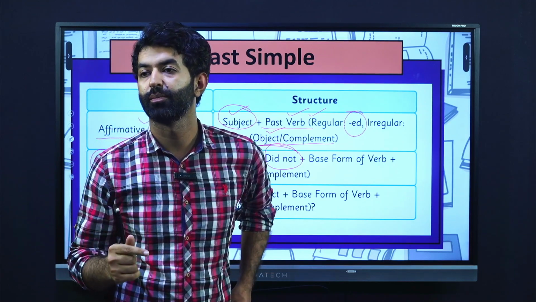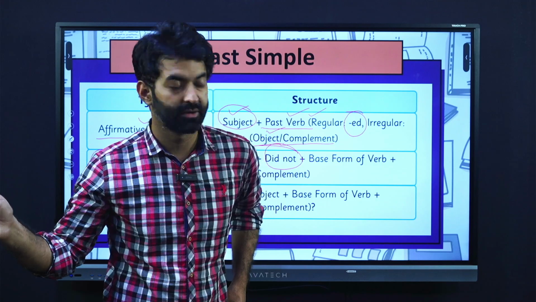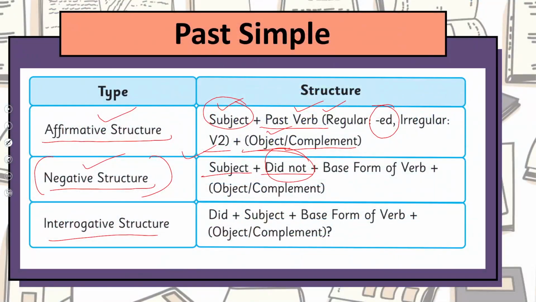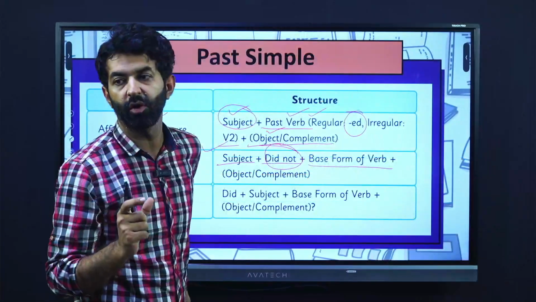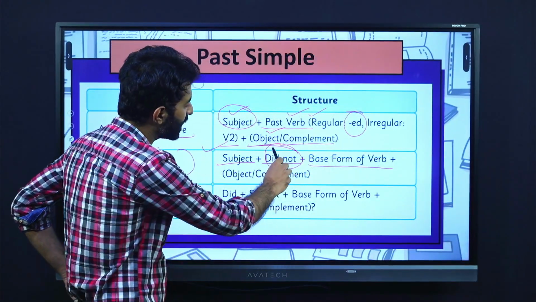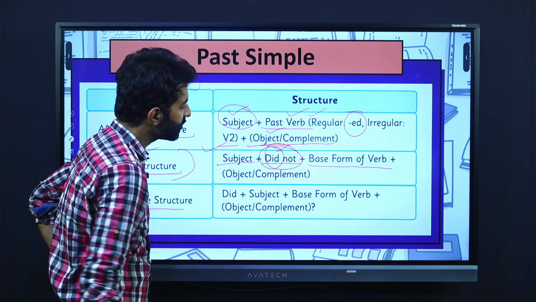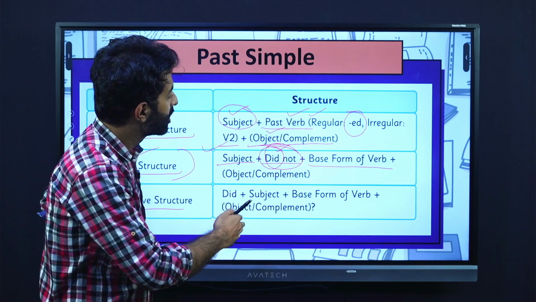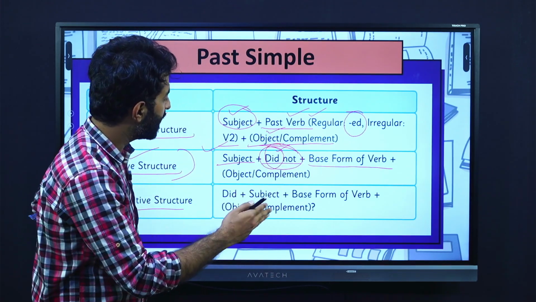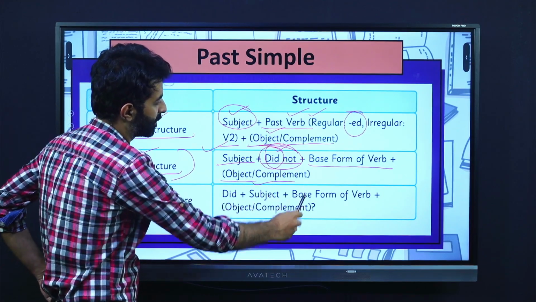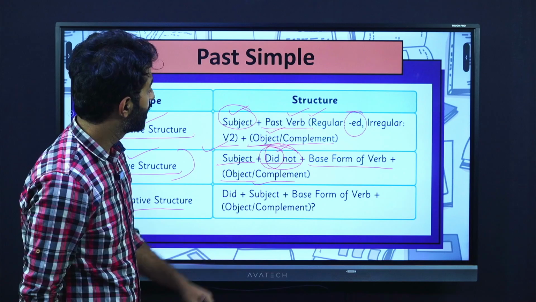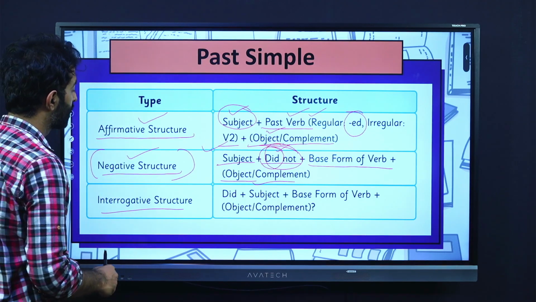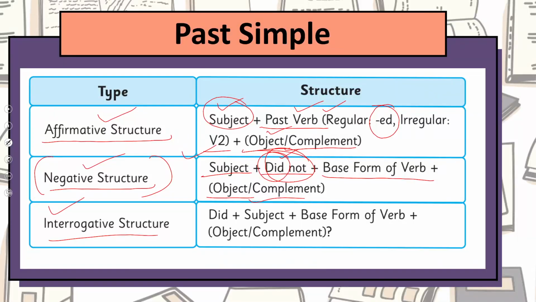Because we are talking about past. Do and did. Did not plus base form of verb. Not second form or third form, just the normal form of the verb. Why? Because we have already used past do once, we made it did, and then we use the base form of verb plus your object and complement. And this is how you make your negative structure of your past simple.